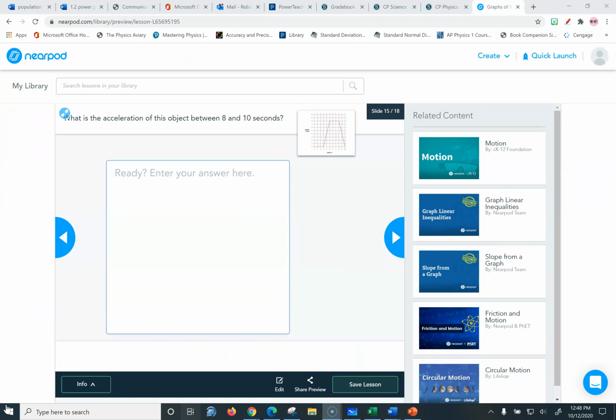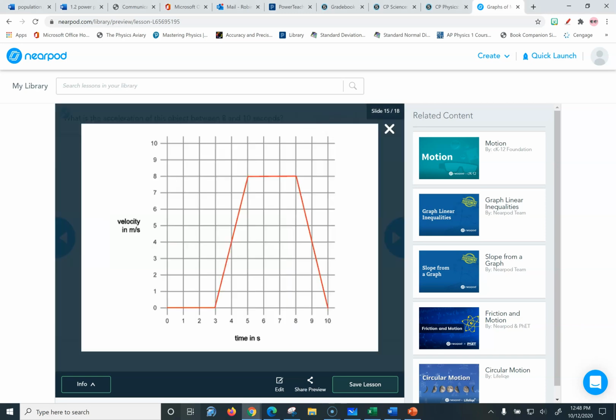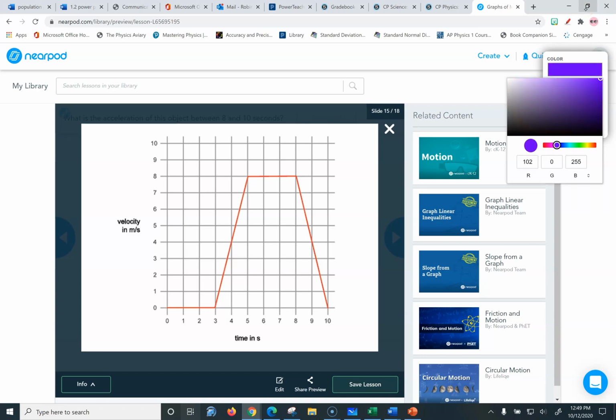Okay, so you're going to use this graph. You should be able to click on it to make it big. I want you to figure out the acceleration of the object between 8 and 10 seconds. First, get a grip on the time interval, figure out, oh, okay, that's a triangle.